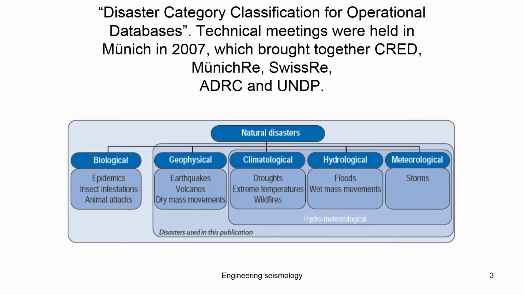Those are the geophysical hazards: earthquakes, volcanoes and dry mass movement, where your construction quality, practice or design is not capable of handling these natural events, which causes deaths. That is what we try to understand.